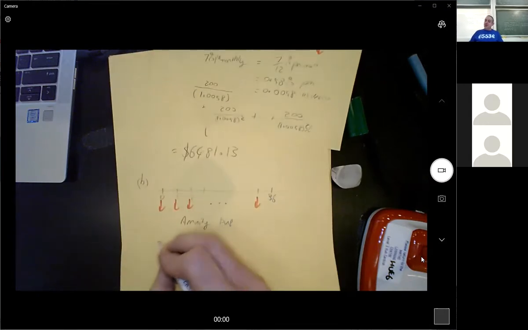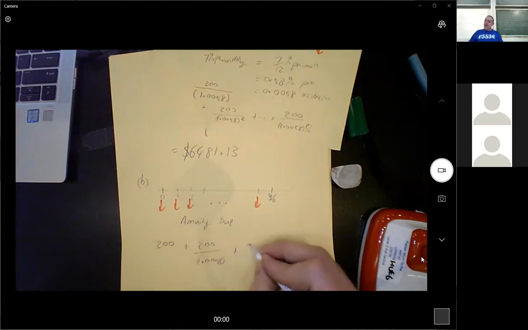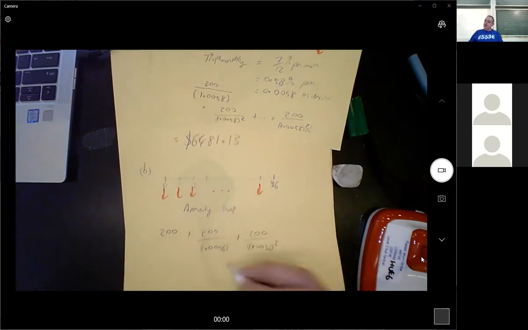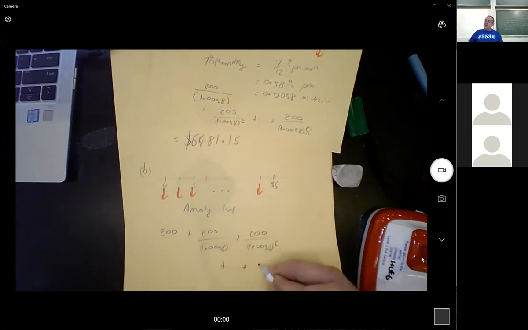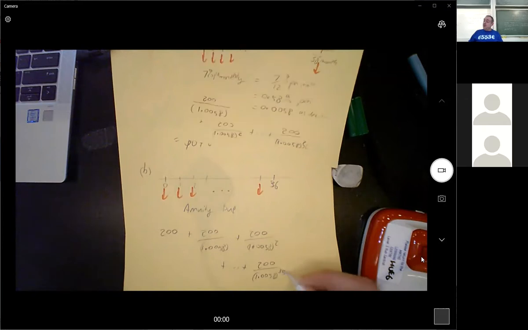So we've got a 200 now, so that's worth 200. And then a 200 1 month into the future. And then one that's 2 months into the future. And then one that's 35 months into the future, because we don't go all the way to 36 because it's the beginning of the last month.